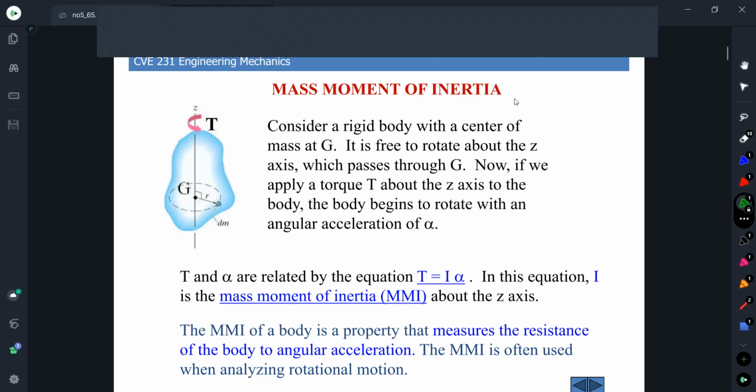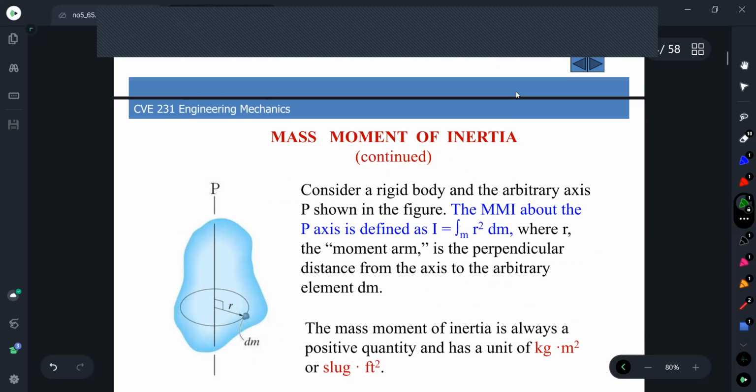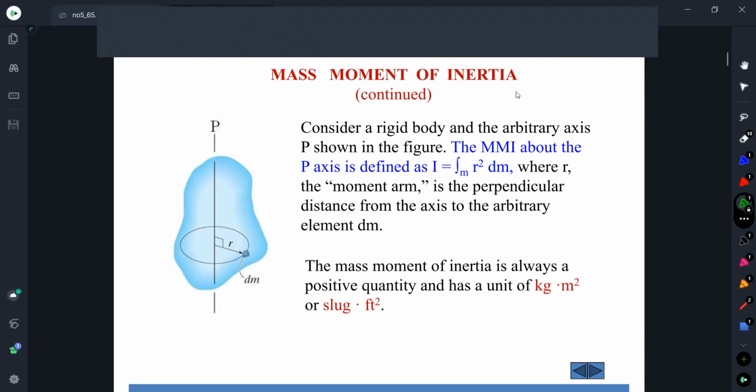The calculation of the mass moment of inertia is the same as for the area moment of inertia that we have studied in statics.